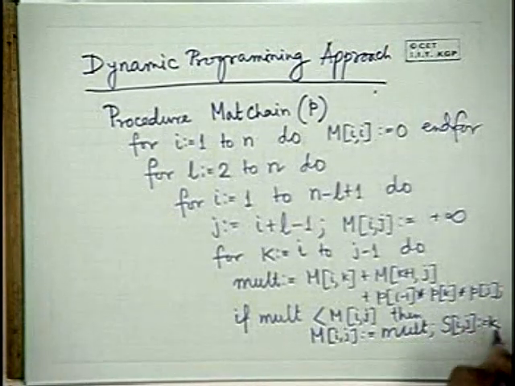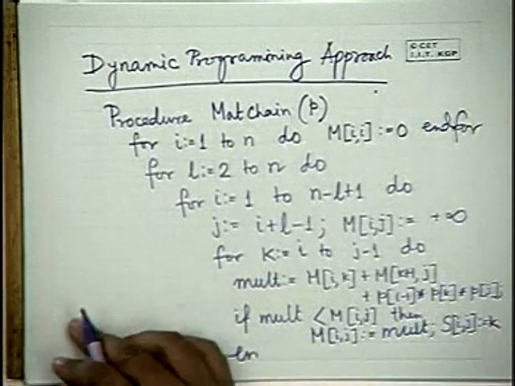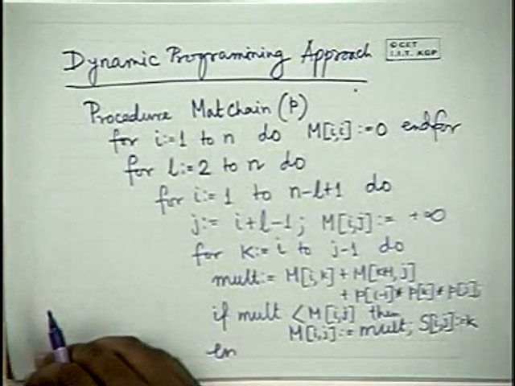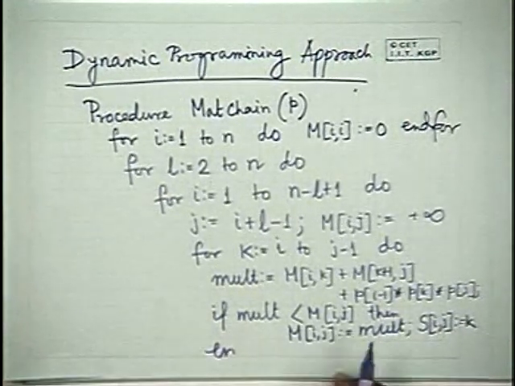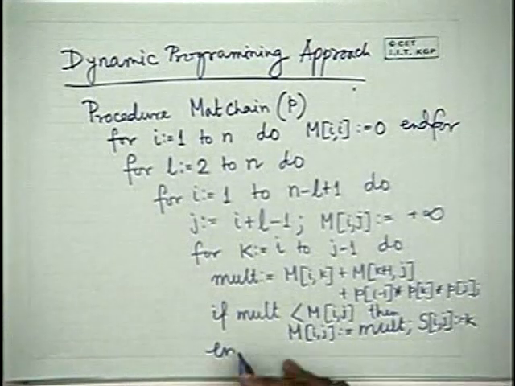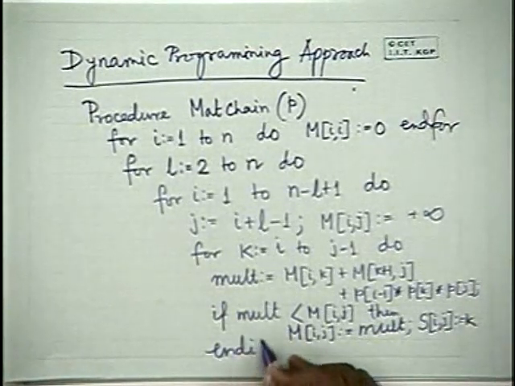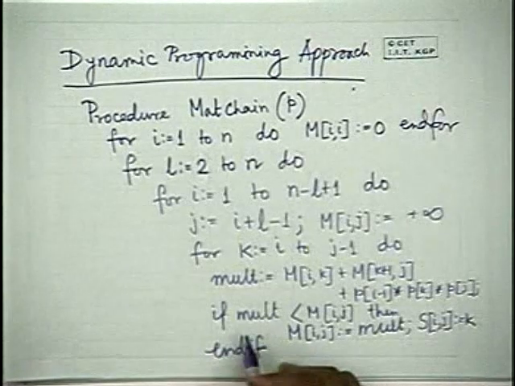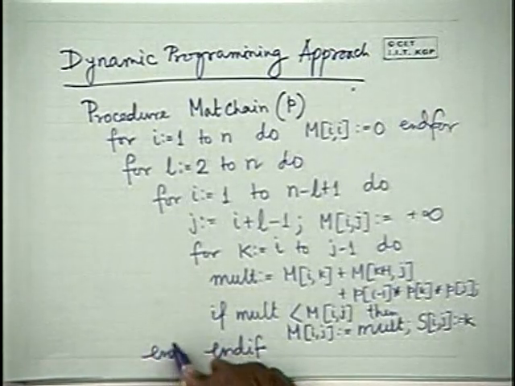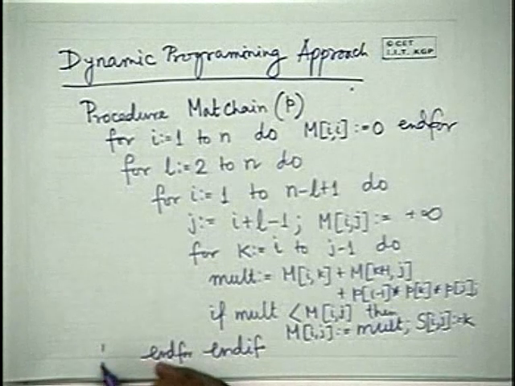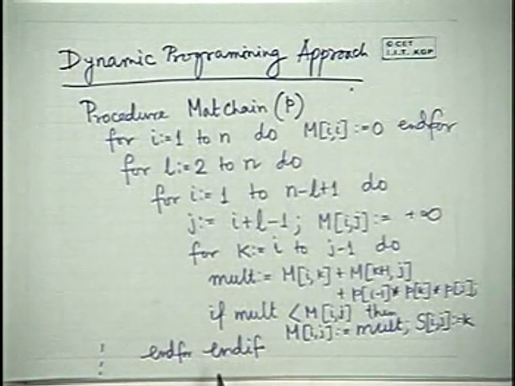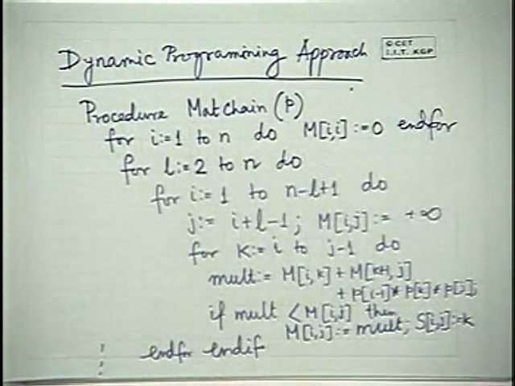So for the time being, yes, just 1 minute. Can you see it now? Okay. Sij is equal to k, and if then n for, we just close all this. So that's the entire algorithm.